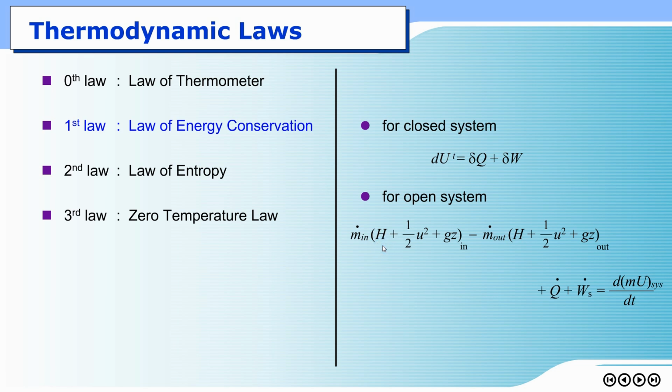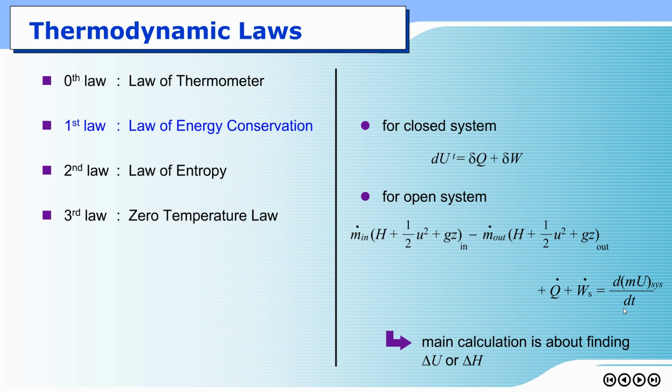We discussed this in lecture 2. And there are two forms of energy transfer in open system. This is energy being carried in and out of the system, and then energy transfer through the system boundaries without the aid of mass flow, which can be in two forms: heat and shaft work. The right-hand side is the accumulation of energy within the system boundary itself. So all the details in the first law of thermodynamics have been discussed in lecture 2.